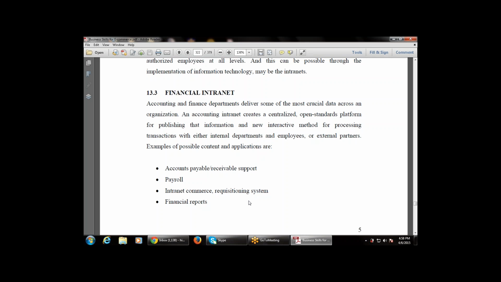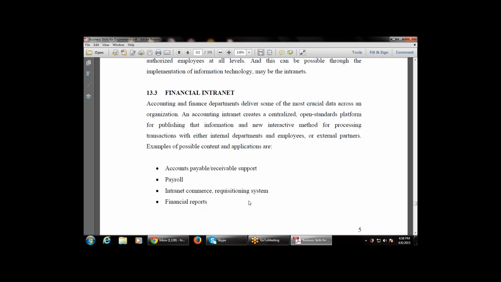An accounting intranet creates a centralized, open standard platform for publishing that information, and a new interactive method for processing transactions with either internal departments and employees or external partners.